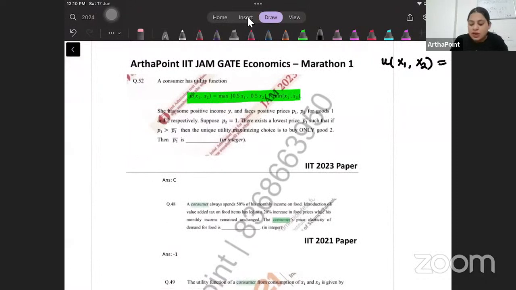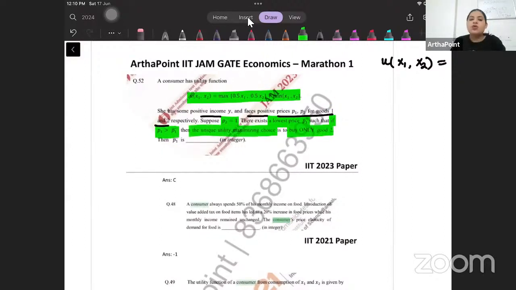Read the question. It says she has positive income Y and faces positive prices P1 and P2 for good 1 and 2 respectively. P2 is given to you as 1. There exists a lower price P1 bar such that if price is greater than P1 bar, then the unique utility maximizing choice is to buy only good 2.